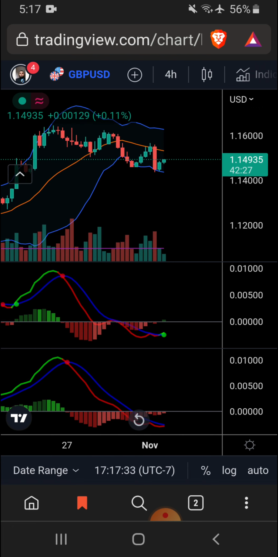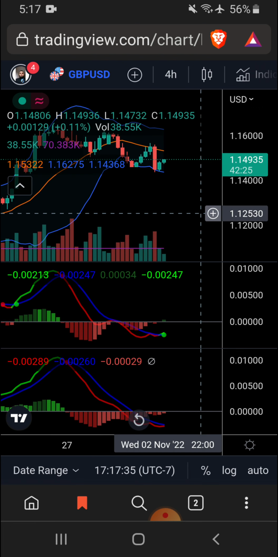Coding the crossover for the MACD, I haven't found out how to do it yet. I think for MetaTrader it's kind of difficult because one of the lines is missing, like the MACD line or something. So you kind of have to make it into a custom indicator. It's kind of tricky, but I'm sure it can be done. Obviously, it's just numbers and plotting a line, so it shouldn't be too hard.